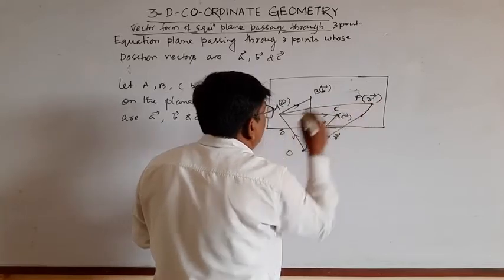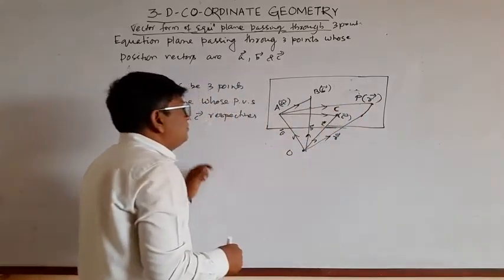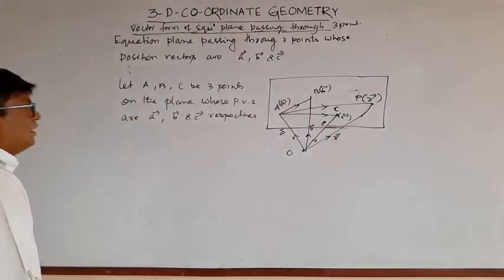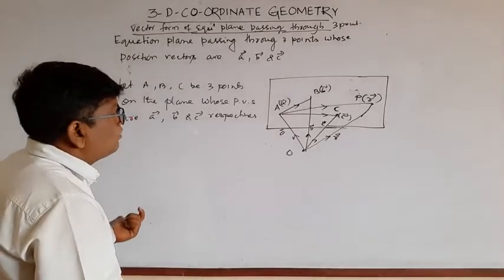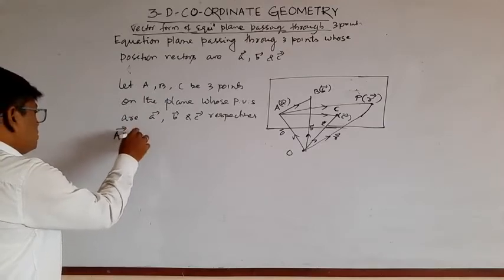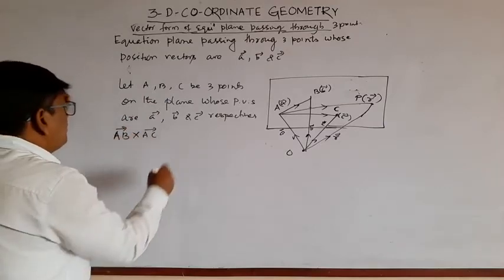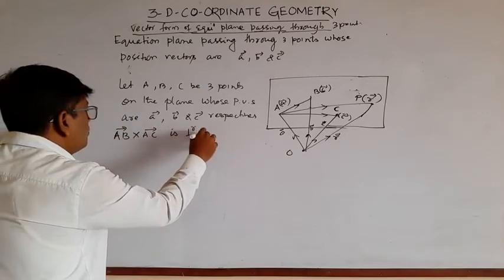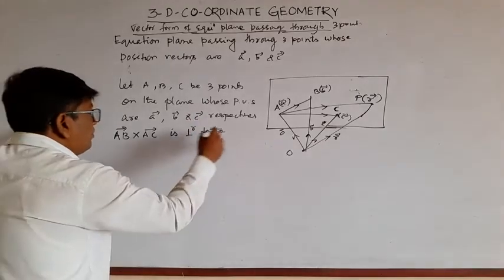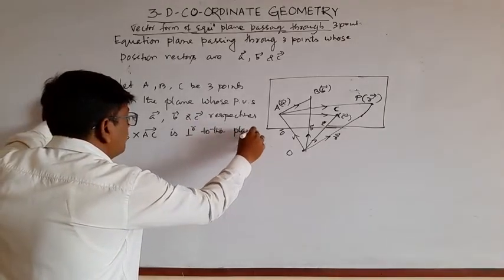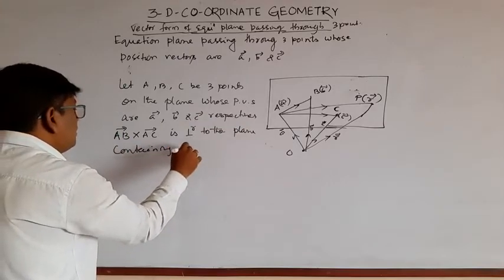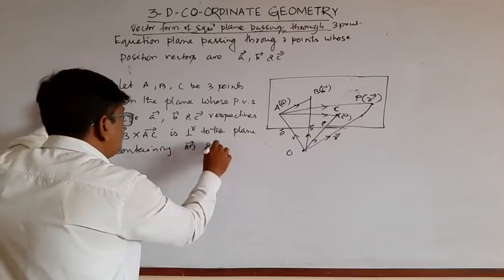This point is R, AP vector. So this is AB, this is AC. AB cross AC is perpendicular to the plane containing AB and AC.